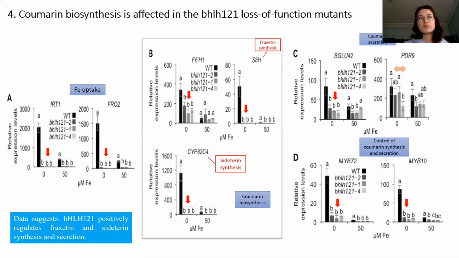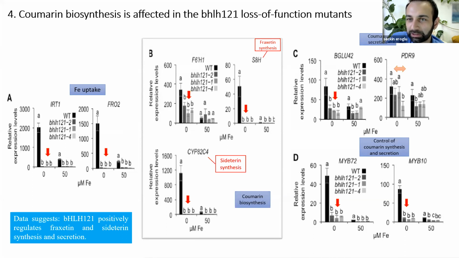Yeah. So they first looked at Fit-related genes to find out the mechanism, and then they saw IRT1 and FRO2 are compromised. Okay, and then these were at the genomic level, I think.